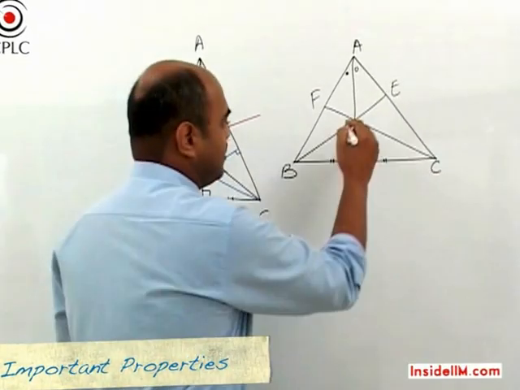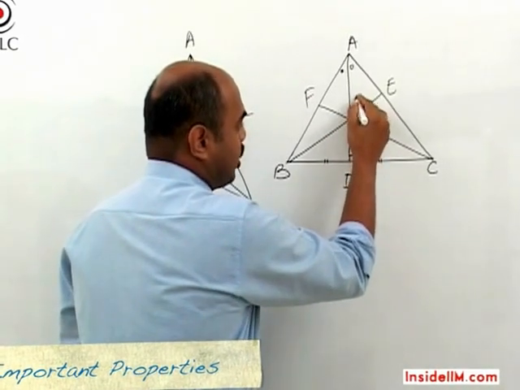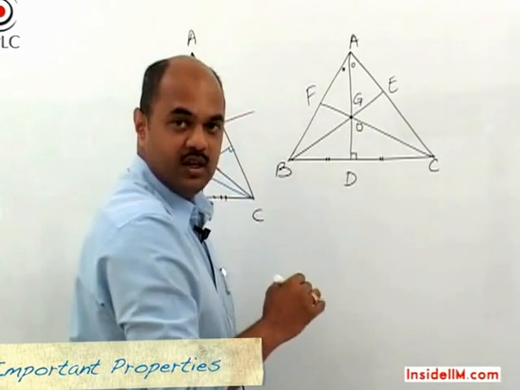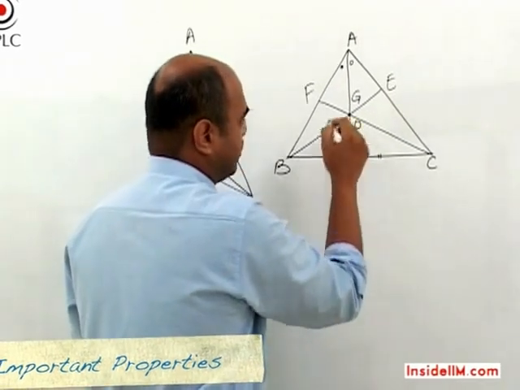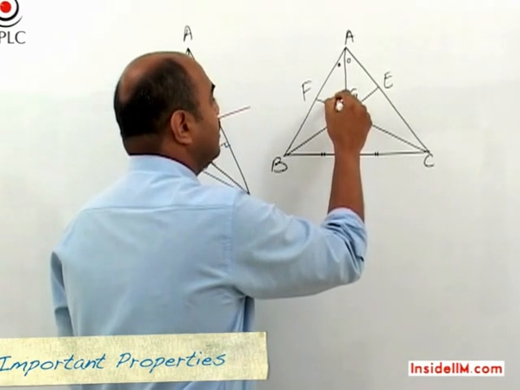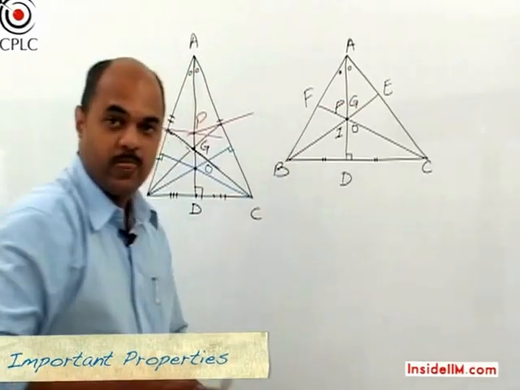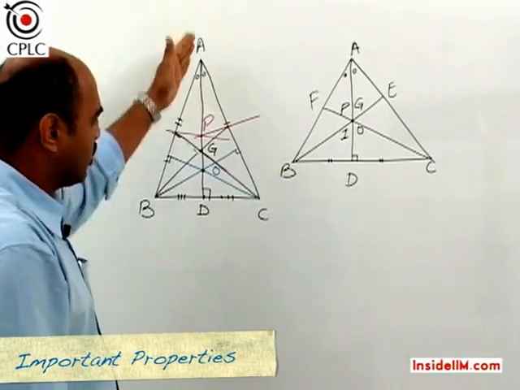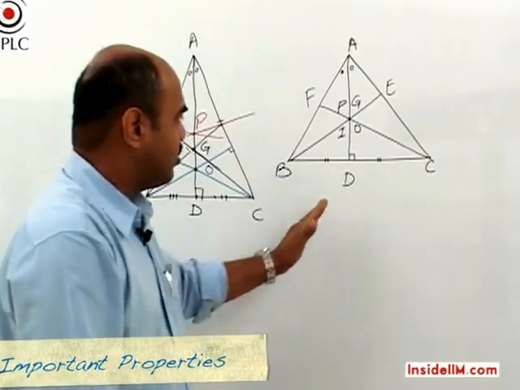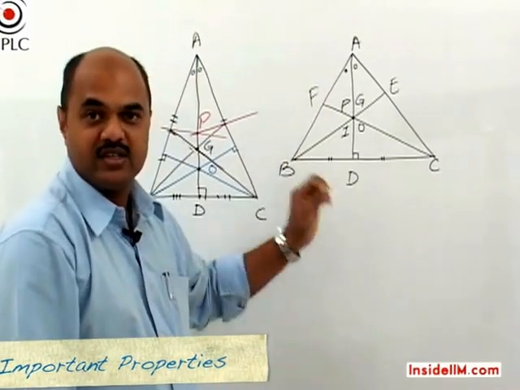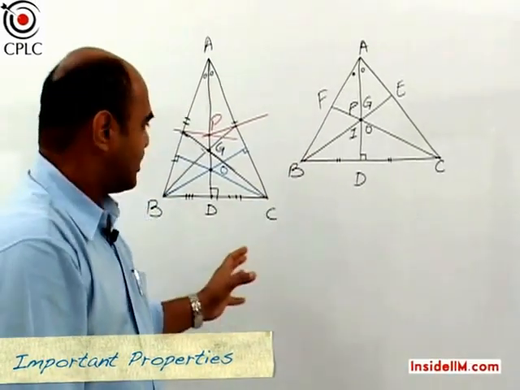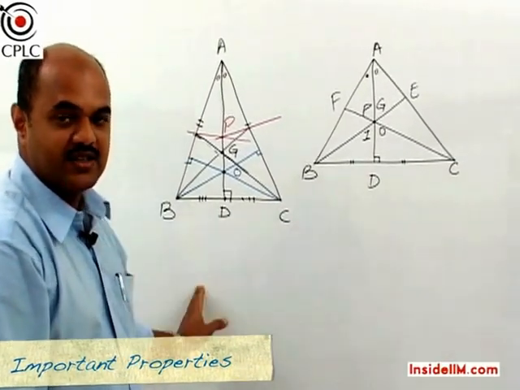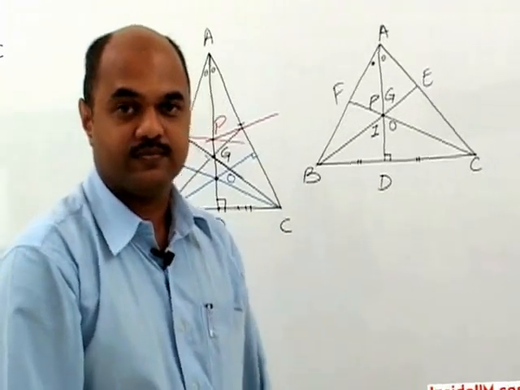This basically means that this point is not only the centroid, it is also the orthocenter, the incenter, and the circumcenter. So in an isosceles triangle, these 4 points are collinear, whereas in an equilateral triangle, these 4 points coincide. This is true for these special triangles which we have considered, the isosceles and equilateral.